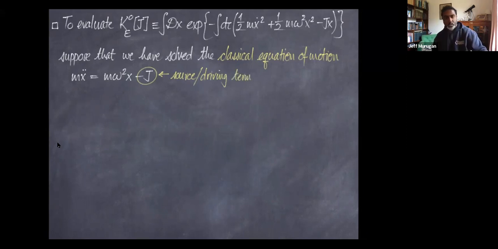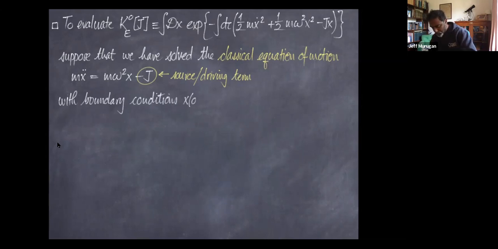Okay, so suppose we can solve this classical equation of motion subject to the boundary conditions as follows. Subject to boundary conditions x at 0 equal to x at beta, and I'm going to impose Dirichlet boundary conditions at both ends, so set it equal to 0.